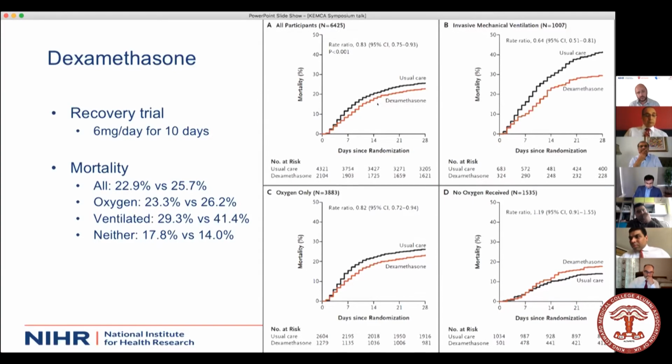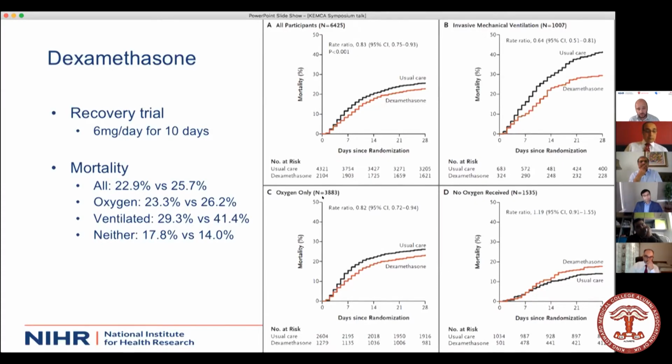What's also really nice about this is that we see a dose response. So these are hospitalized patients. And we can see that those with oxygen, which comprised just under 4,000 of the patients, there was still a significant difference, 23 versus 26%.